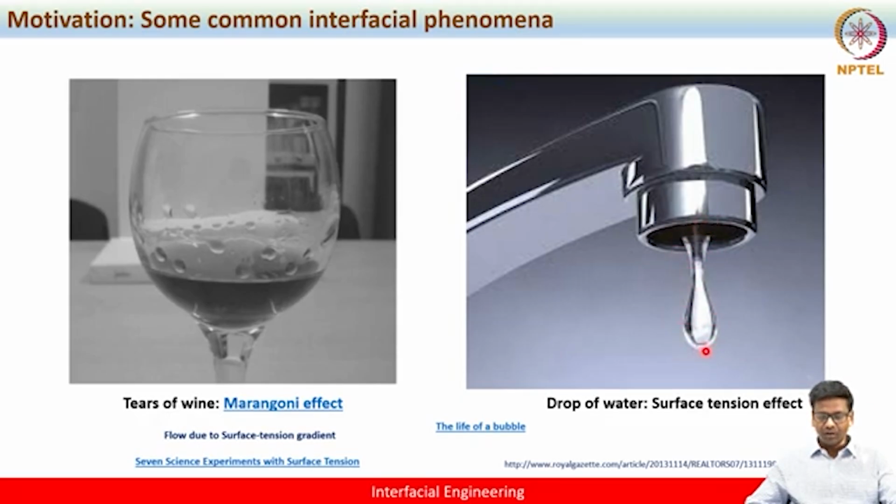Once the droplet grows in size and gravity becomes dominant, it overcomes the surface tension force, and then the droplet falls down. And the tears of wine, you would often wonder why it collects tears, is because of the Marangoni effect.